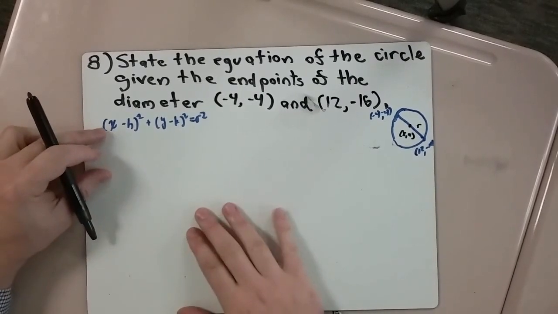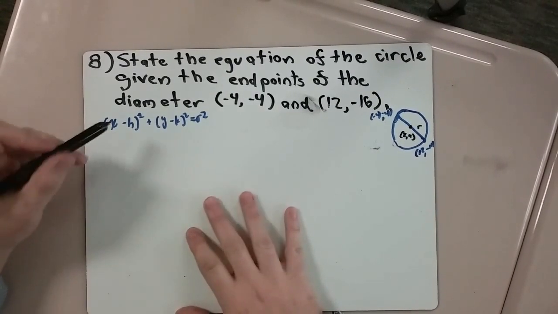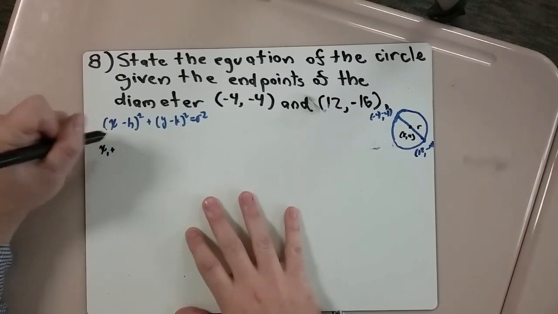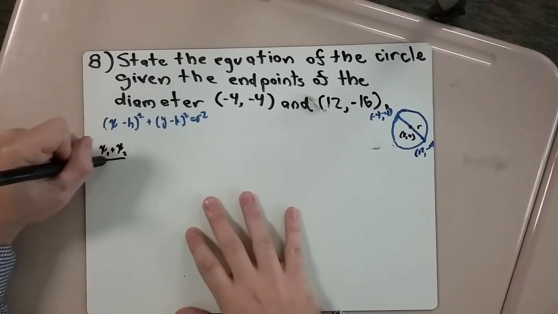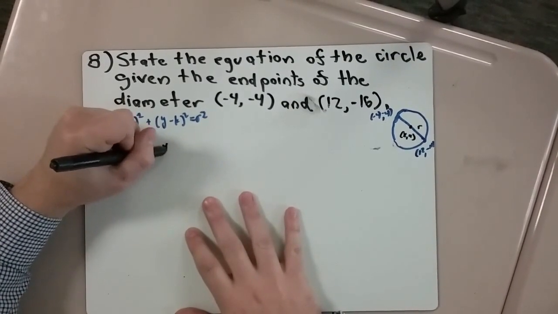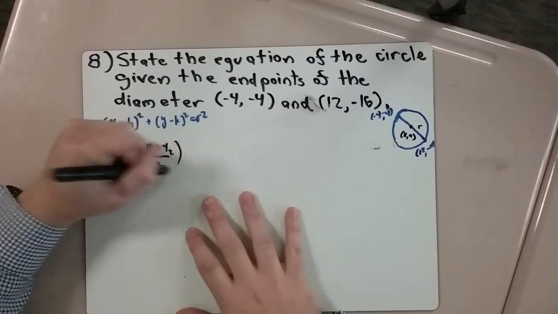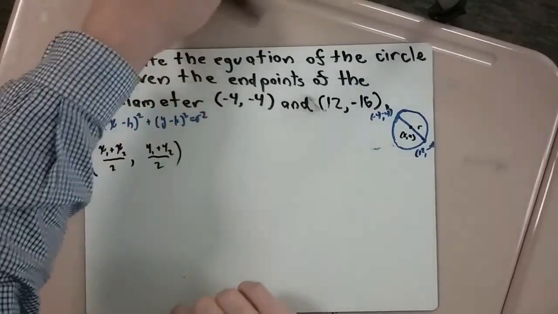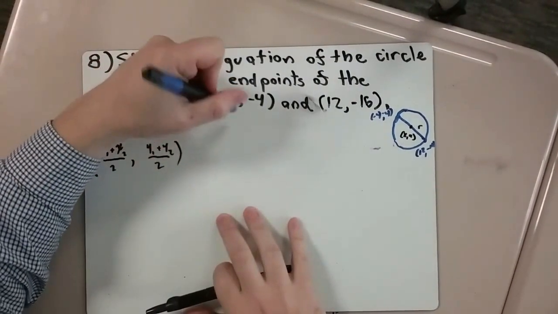Okay, step one, I'm going to find the midpoint. The way I find the midpoint is I have (x1 plus x2) divided by 2, and (y1 plus y2) divided by 2. And now I'm going to plug that stuff in. So I'm going to label this. I keep switching between these colors.